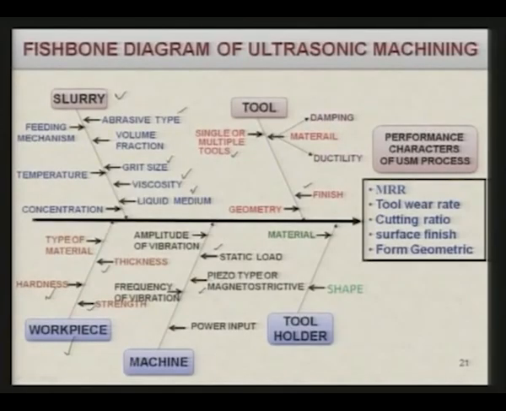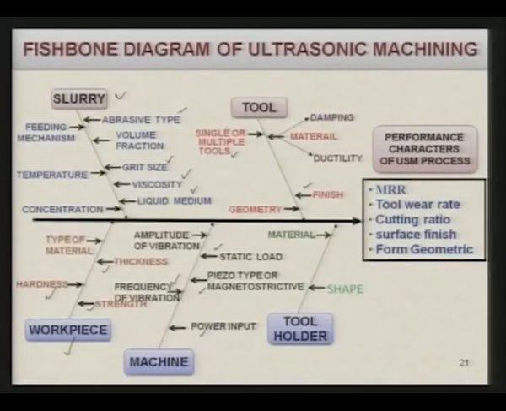Piezo type or magnetostrictive type of transducer, what is the power input to the transducer, or the force with which you are hitting the abrasive particles, which will carry it to the workpiece, and then the frequency of vibration. Finally, there is another parameter which affects the performance of the process, that is the tool holder. So, the shape of the tool holder and the material also will affect to some extent the performance of the process.